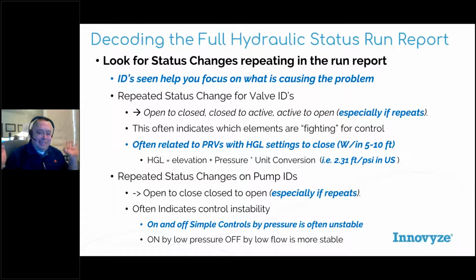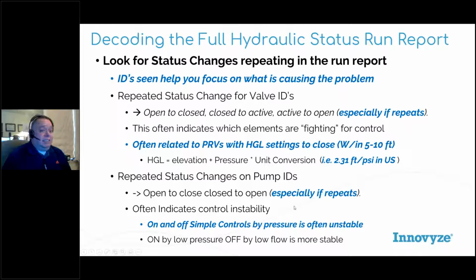In SI units, those are the same, meters and meters, but in the US you're usually in PSI for pressure, so 2.31 feet per PSI, you've got to convert those. If those are within 5 or 10 feet of each other and the valves are close, there's a high chance of them fighting. Not a guarantee, but a high chance they fight. Usually the solution is just to separate them a little bit more. Sometimes even 1 or 2 feet more of separation solves it.